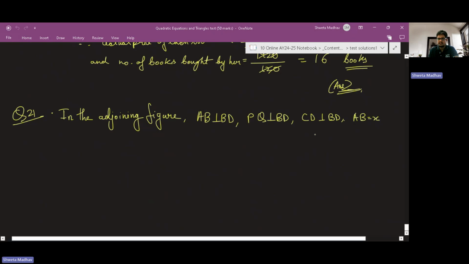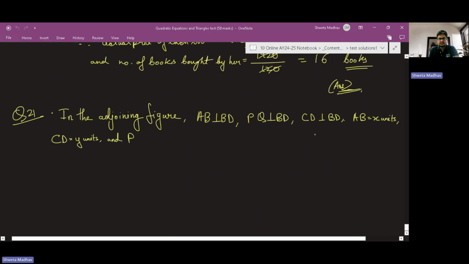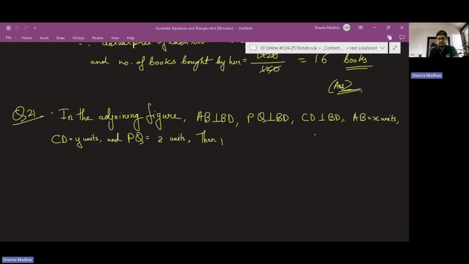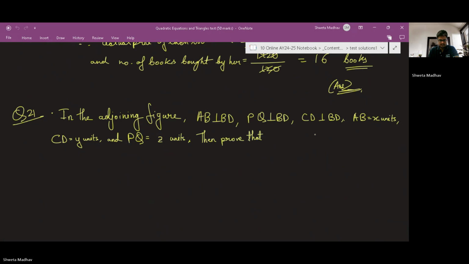AB equal to X units, BD equal to X units, CD equal to Y units, and PQ equals to Z units. Then prove that 1 by X plus 1 by Y equals to 1 by Z.